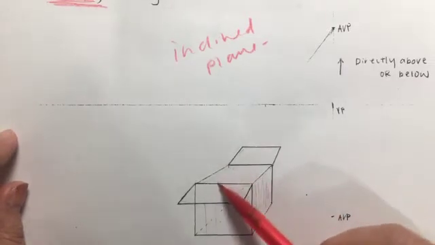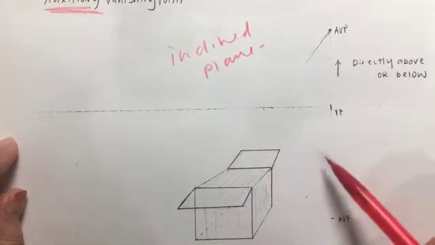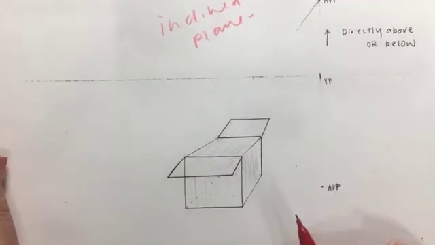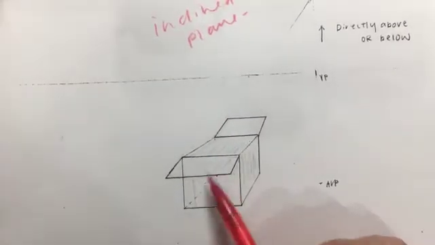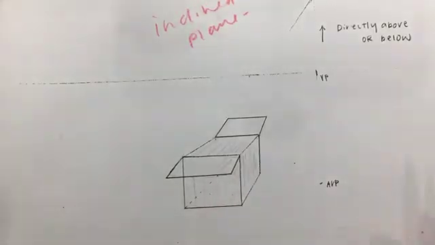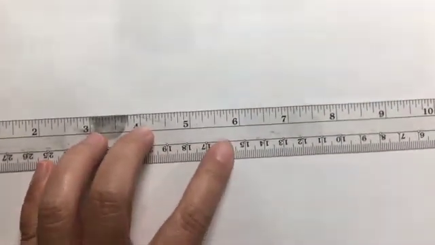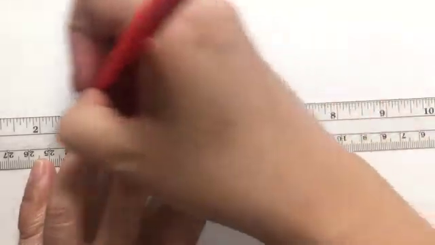For a vertical or horizontal plane, you don't need this AVP, but for the inclined plane, we do. So this time I'll use the box with the top, and I'll explain the process. Okay, you have a paper, and same thing, you set up the horizon line, right? Like so.